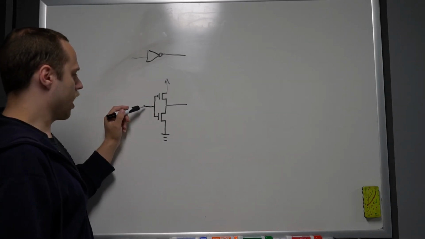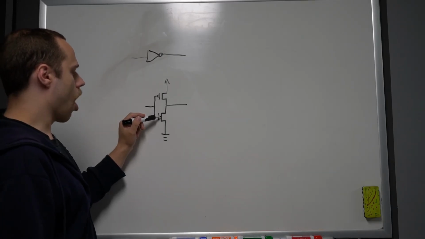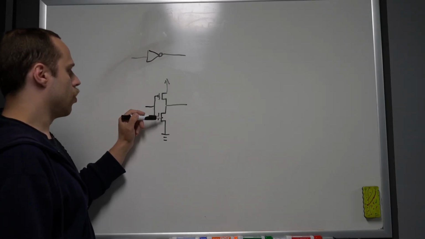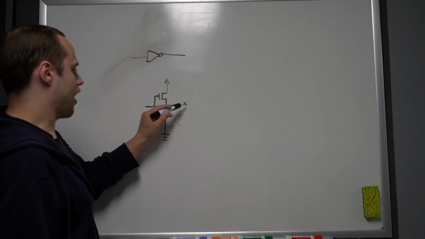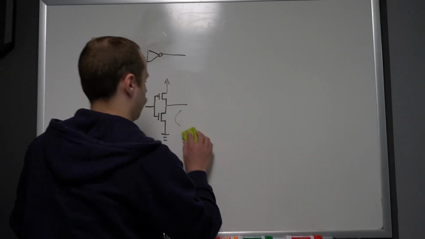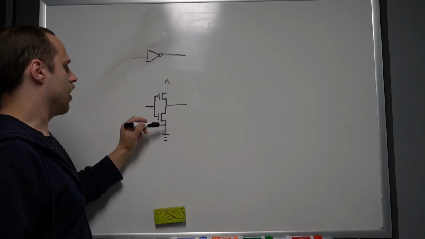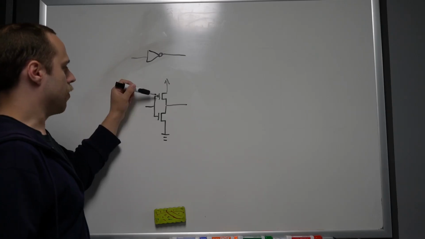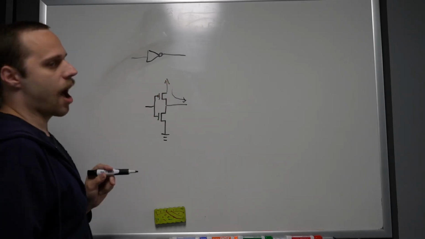So when we bring the input to a logic high, the NFET turns on, the PFET is off. We have a conductive path this way, connecting the output to ground. And then when the input is brought low, the NFET turns off, the PFET is on, and that creates a path here, bringing the output high.